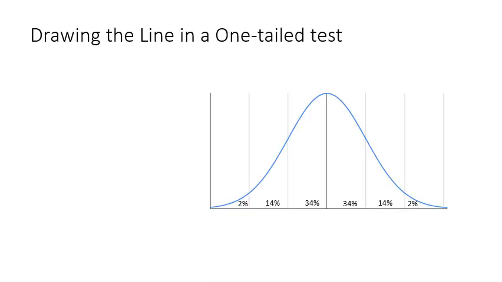So to understand where we draw the line or set alpha in a one-tailed test, we're going to look at this image and do a few different iterations of it by erasing what we just did and drawing it differently. So first off, you know that in a one-tailed test, we're just looking to determine whether a treatment score falls in either the lower end of the distribution in a low-tailed test, or at the upper end of the distribution in an upper-tailed test.